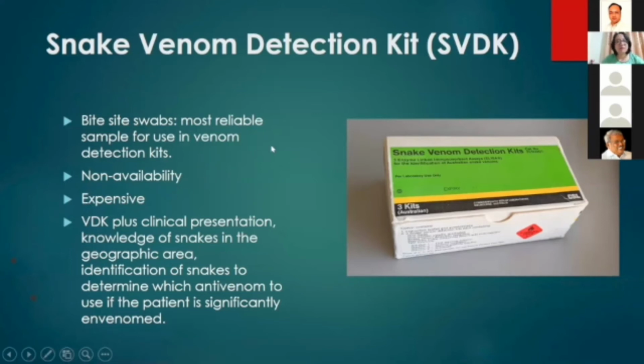So these kind of kits plus clinical presentation, knowledge of snakes in the geographical areas, identification of the snakes to determine which antivenom to use. This is very, very important, especially in our part of the world.